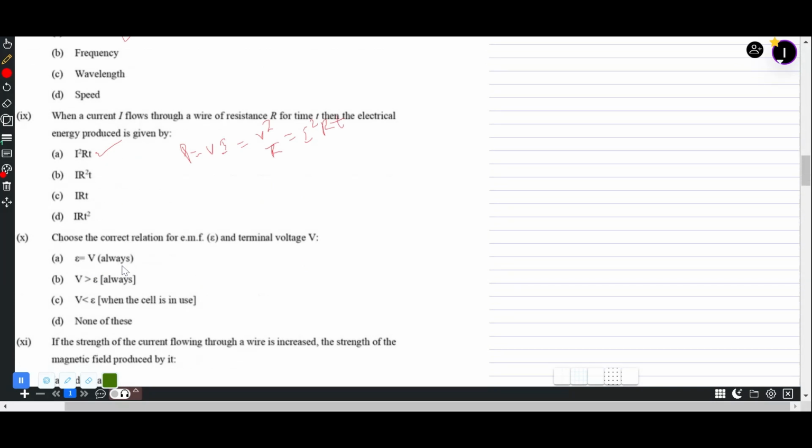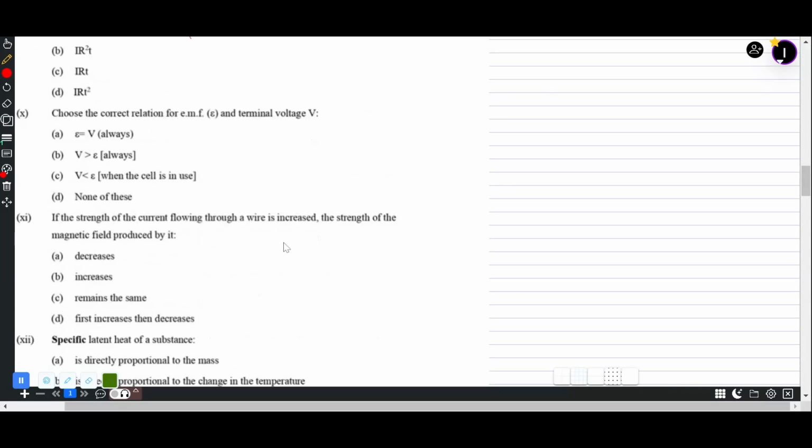Next one, choose the correct relation for EMF and terminal voltage. Now you know when a cell is connected and the current flows through the resistor, when the key is closed, this is E, and between them there is a voltage V. So V is E minus Ir, where r is the internal resistance of the cell.